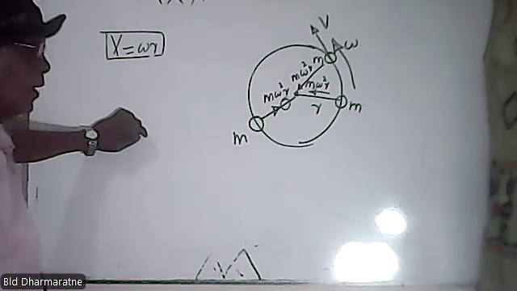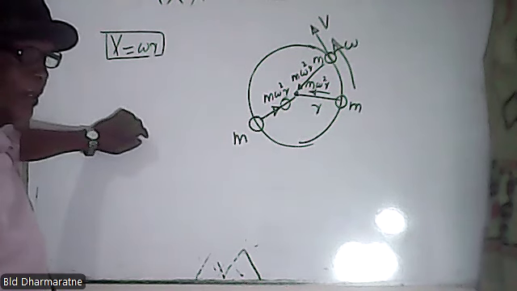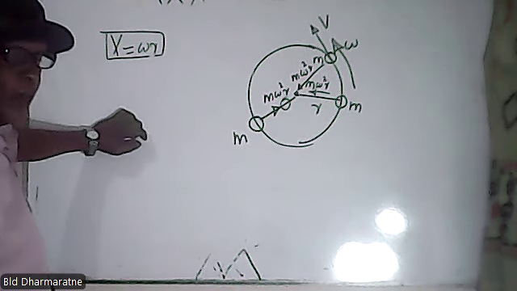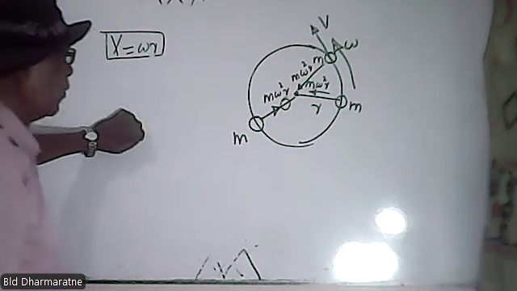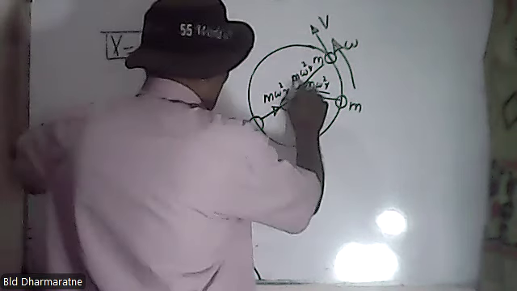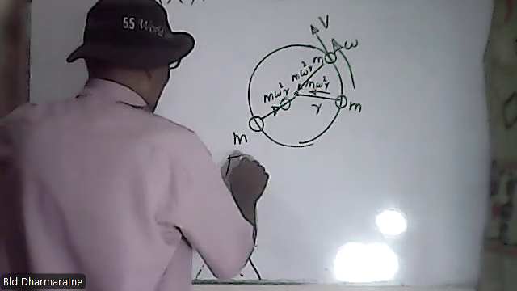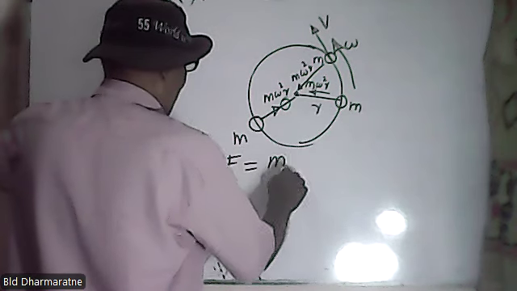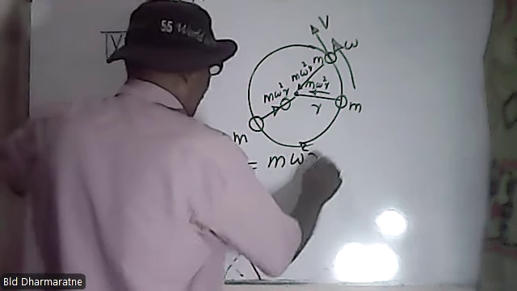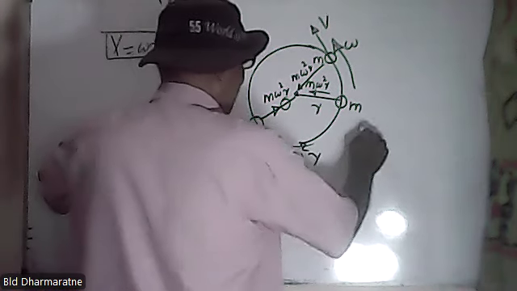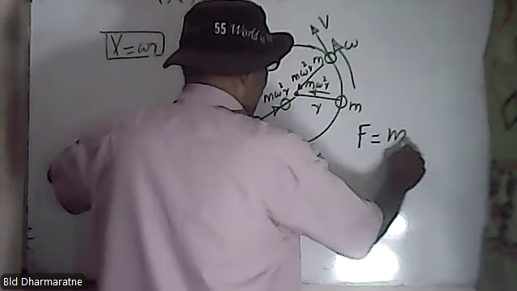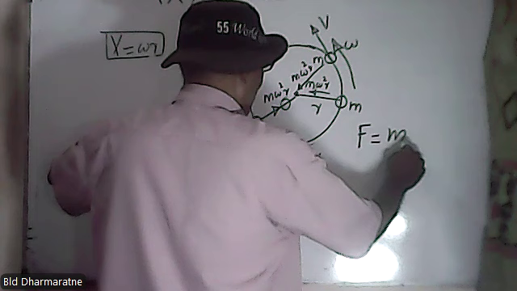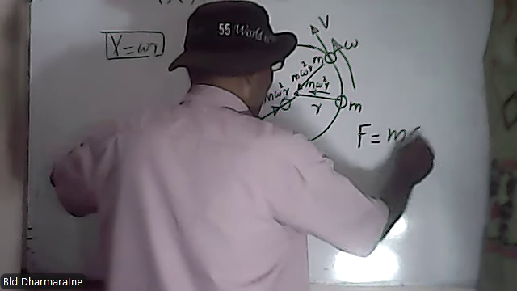Most of the time, some people say centrifugal force, but the real term is the centripetal force. Centripetal force is given by F equals m omega squared r. You compare with the famous equation F equals ma, Newton's equation of motion.